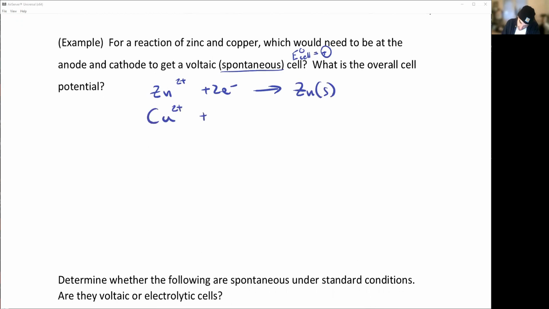Copper 2+ plus 2 electrons is turning into copper solid. Again, these are both written as reduction. So the E naught reduction is equal to what? Well, let's look.